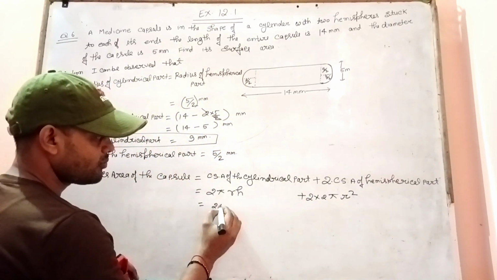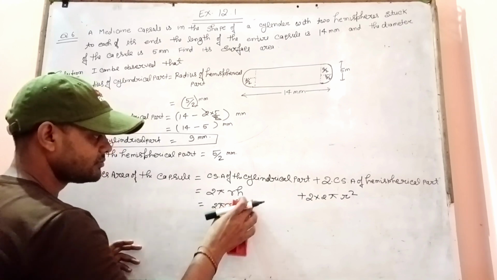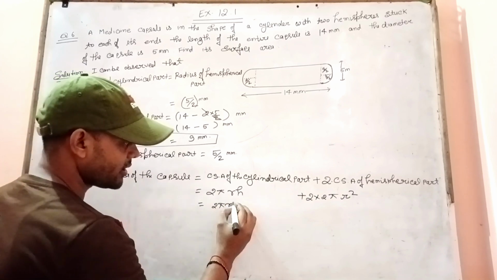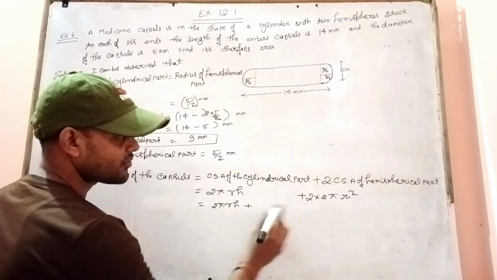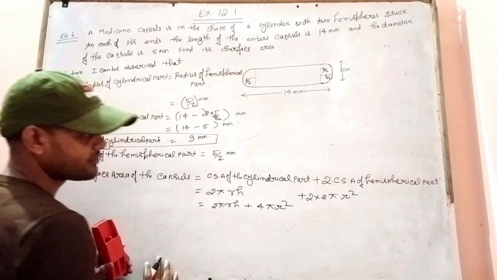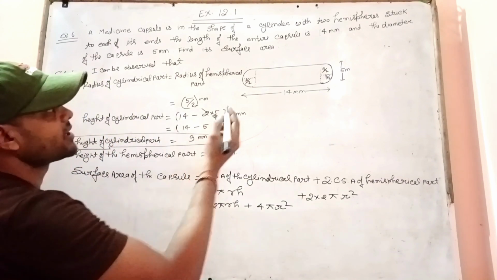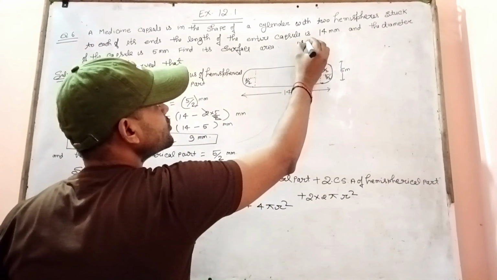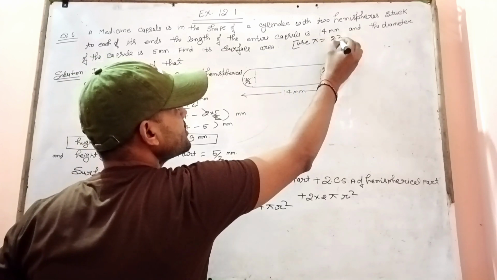Overall, 2 pi R H plus 4 pi R square. Now putting the value of pi as 22/7.